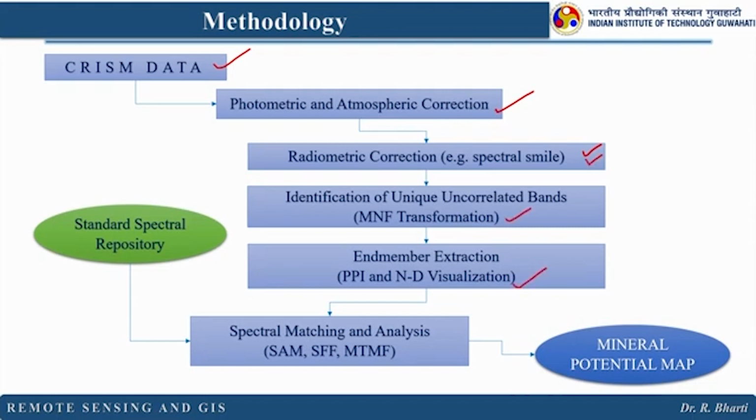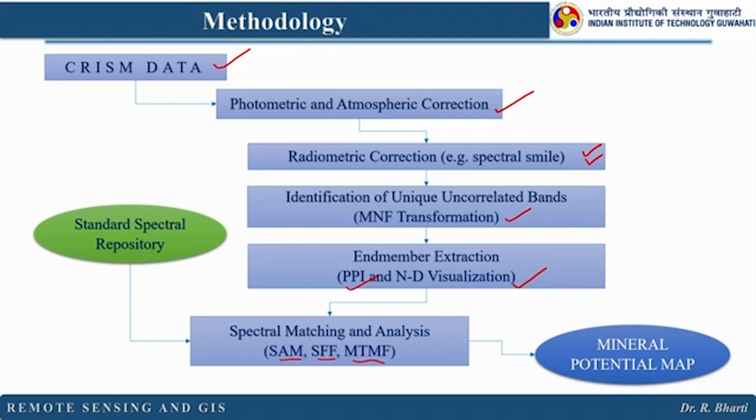Once we get this MNF or PCA output, then we can use this ND visualizer and plot the data in n dimension, and we can extract the end members by using this PPI, right? And once we get the end members, then we do the spectral classification or the soft classification using SAM, SFF, MTMF and other methods.